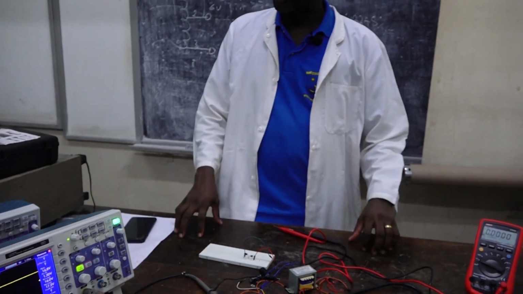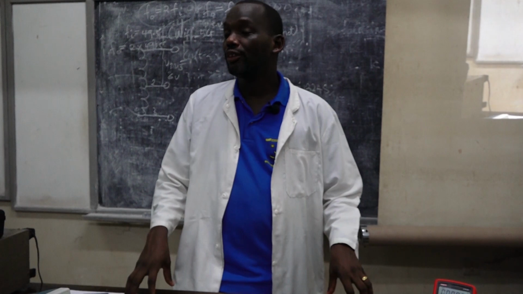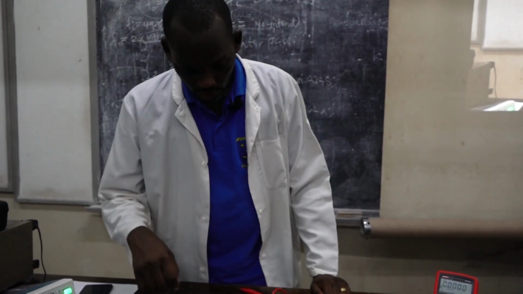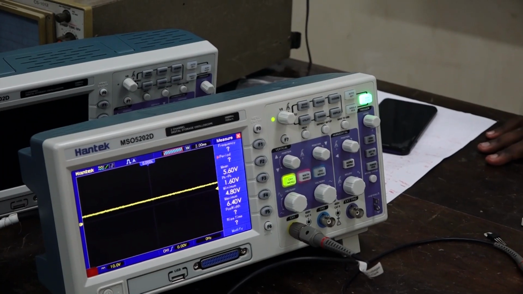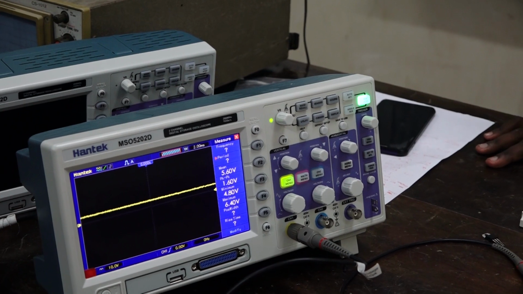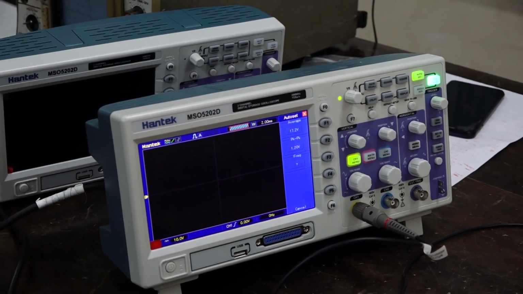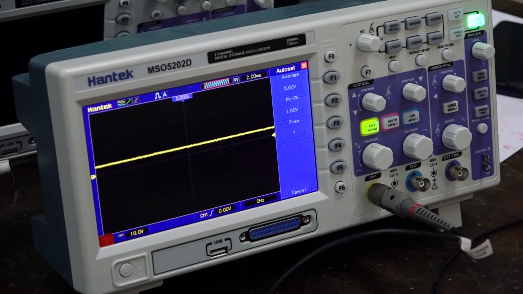No. So now we are going to study the waveform from the voltage regulator. So stay tuned while I'm connecting. Okay, so I have pressed the auto set. So we have to wait. Then we have our DC signal.